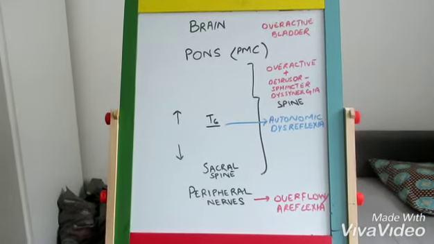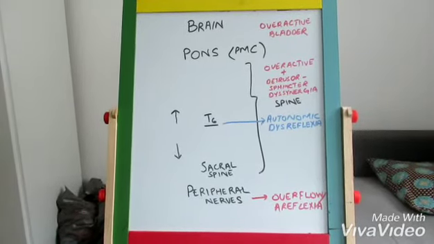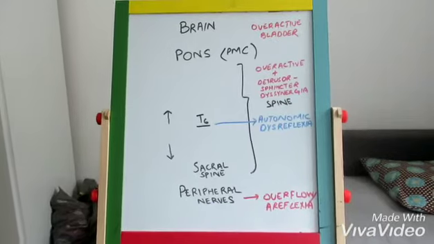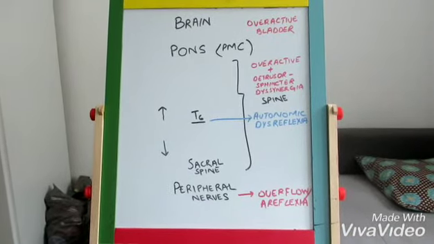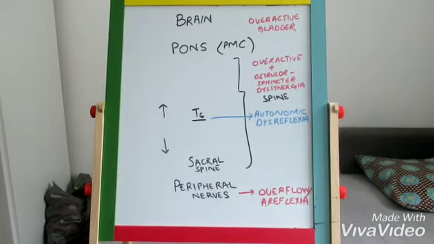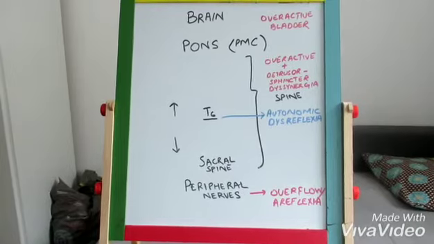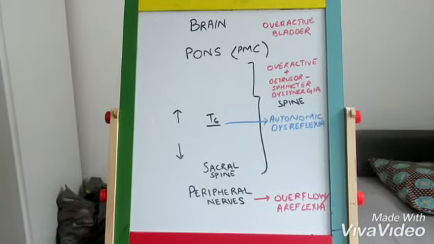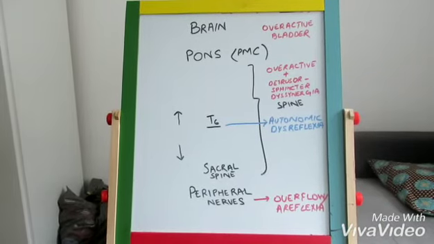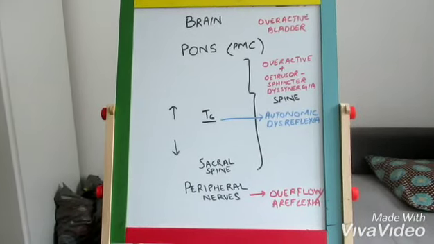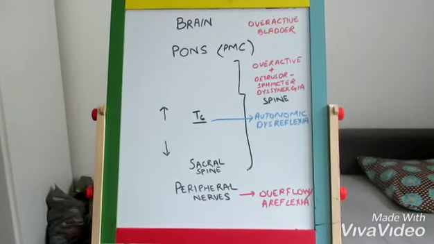So one important thing is T6 lesion. When you have T6 lesion, there is autonomic dysreflexia. What is autonomic dysreflexia? That means that whenever you try to pass any instrument through the bladder or the rectum, there is sympathetic overactivity, there is hypertension, sweating, or even the patient can go into shock.